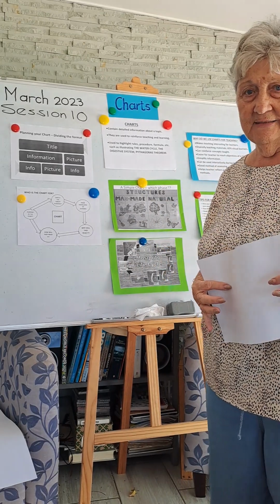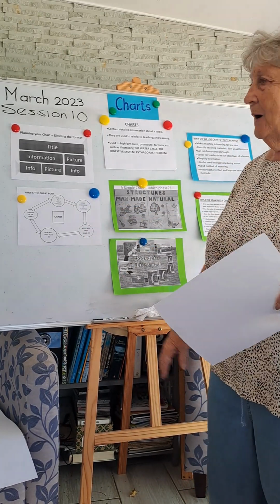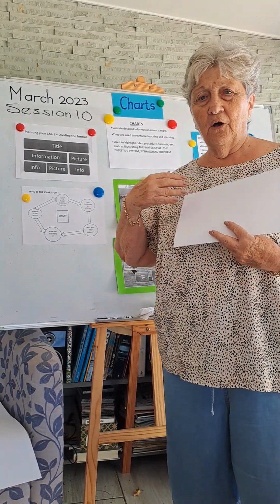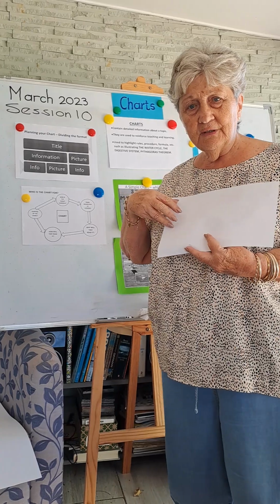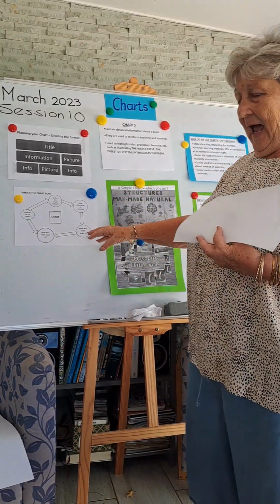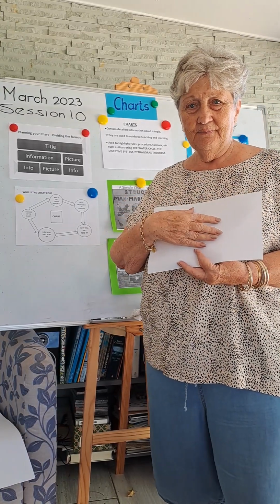Now, who's the chart for? You've got to decide. Who am I making this chart for? What do I want to put on this chart? Do I want to put a little bit of prior knowledge or just the knowledge I'm teaching? Why will they read it? Will it be colorful?